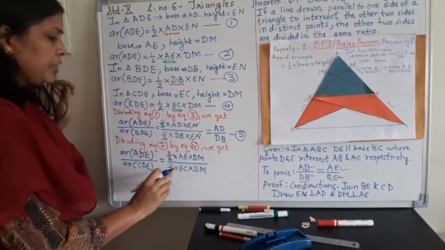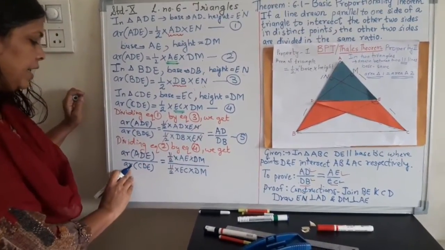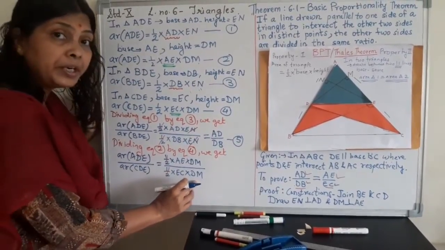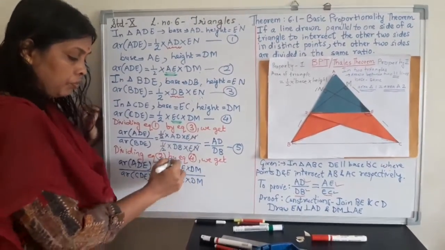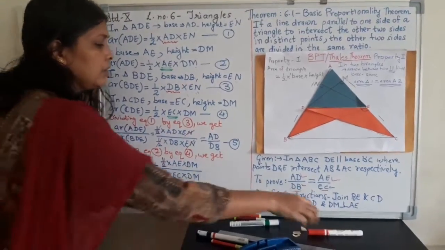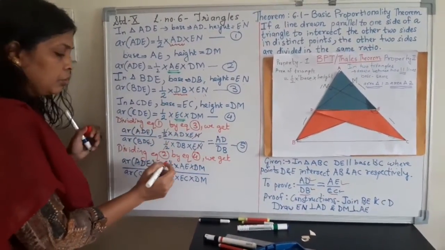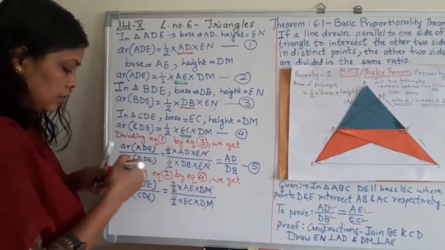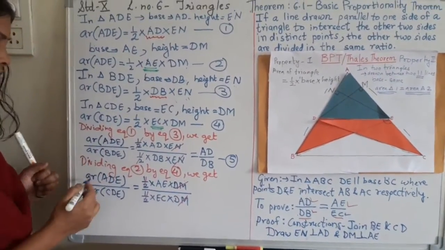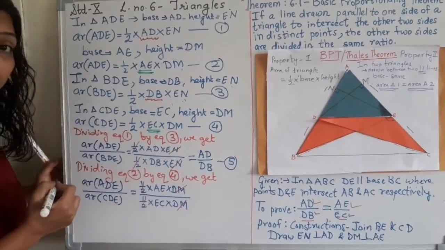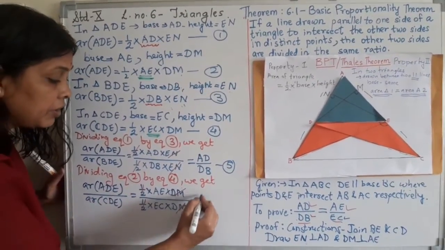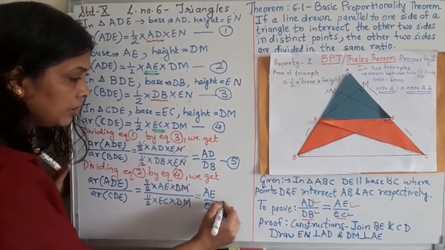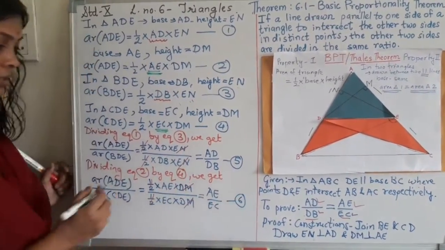So in the second equation, you can see that area of triangle ADE is equal to half into AE into DM. Now again we have to cancel the equal values. So half gets cancelled, DM gets cancelled. So what we get here, area of triangle ADE upon area of triangle CDE is equal to AE upon EC. Number it as equation 6.